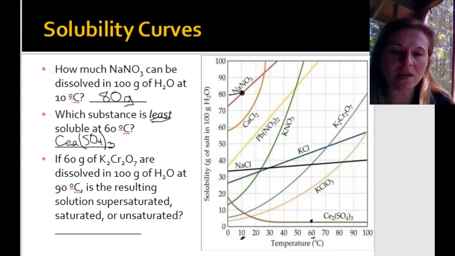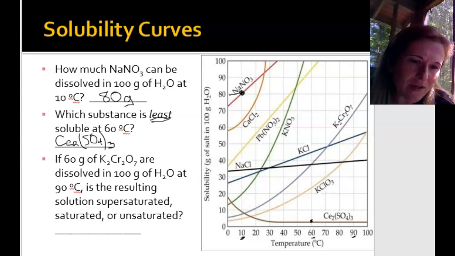Our third problem: if 60 grams of potassium chromate are dissolved in 100 grams of water at 90 degrees Celsius, is the resulting solution supersaturated, saturated, or unsaturated? Okay, so here we have potassium chromate. We're at 90 degrees Celsius, and we also want 60 grams of potassium chromate.